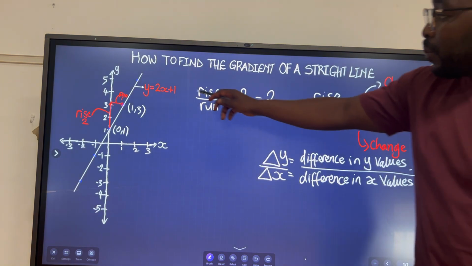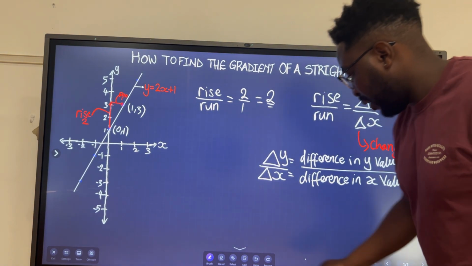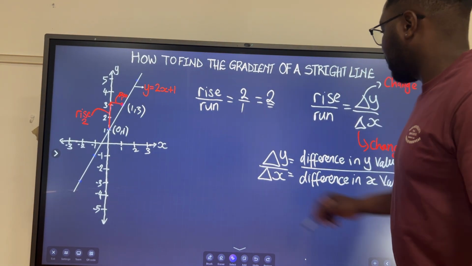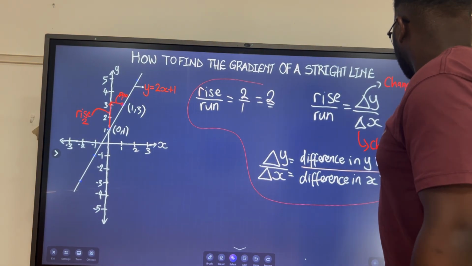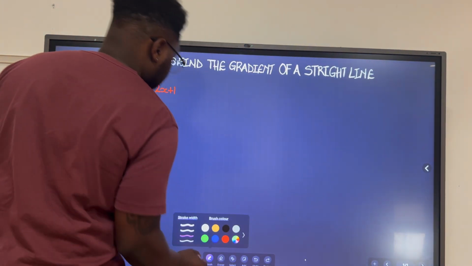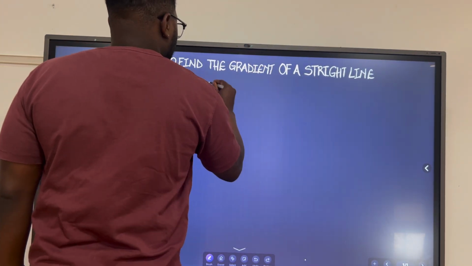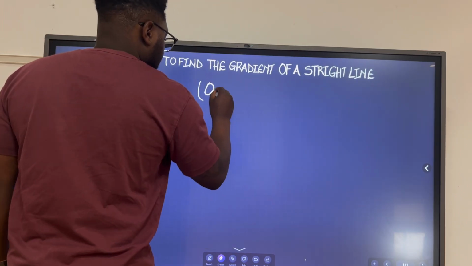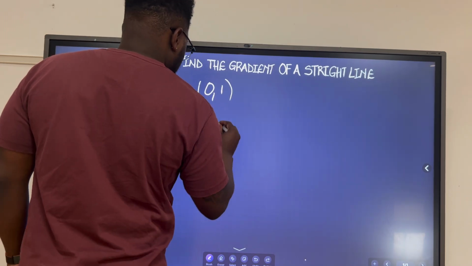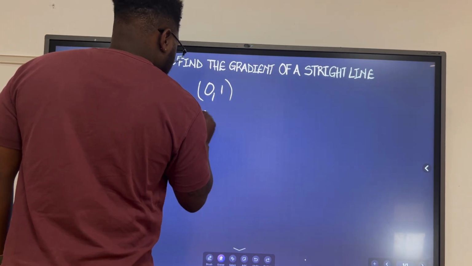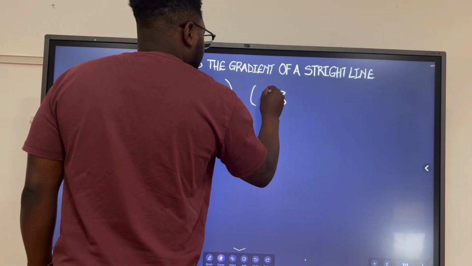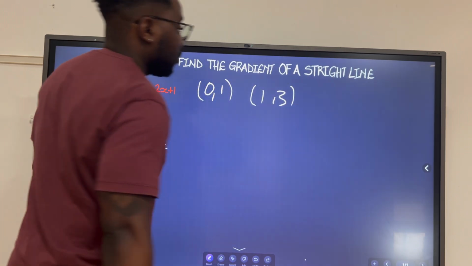And according to the points that we picked over there, allow me to just erase all this, according to the points that we picked, remember, we picked what? 0, 1, and 1, 3.